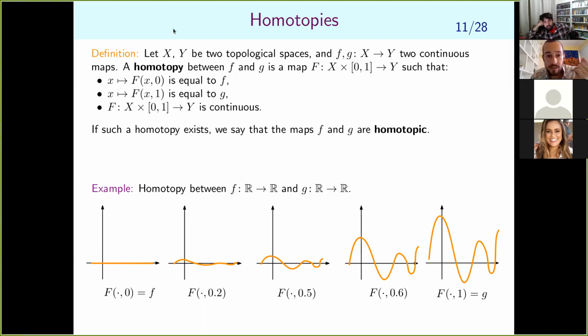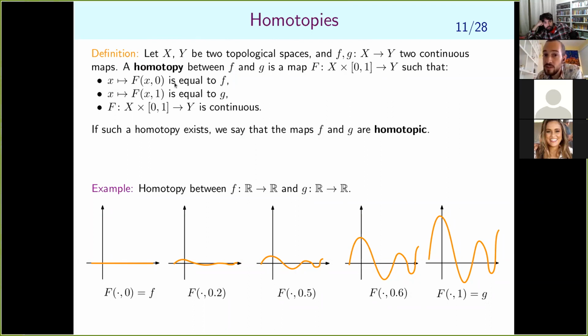And for that, I need two topological spaces, X and Y, and two continuous maps, F and G. So a homotopy between F and G will be, in some sense, a map connecting these two maps.